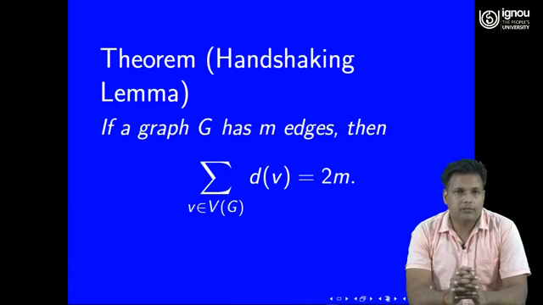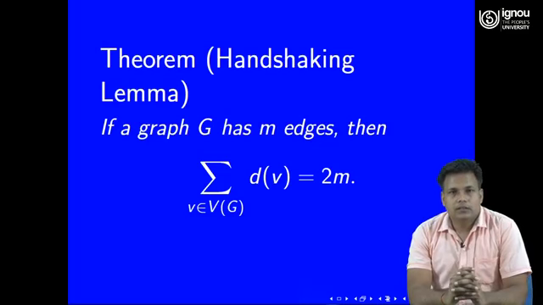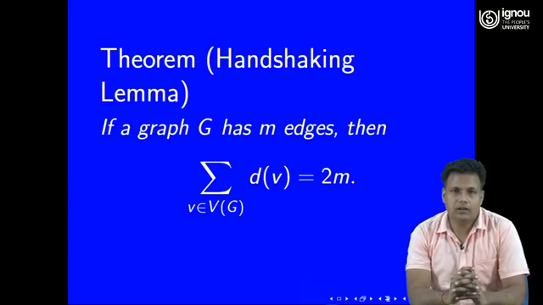So if G is a graph with m edges, then this result says that the sum of the degrees of all the vertices of G equals twice the number of edges. That is, the sum of d(v), where v is a vertex, becomes twice the number of edges, 2m.